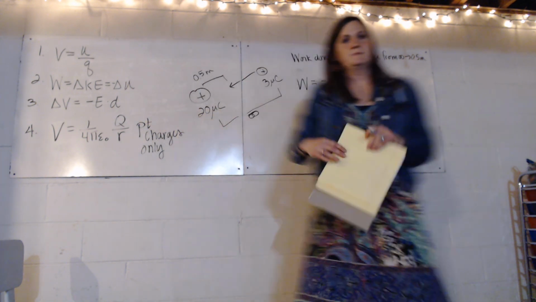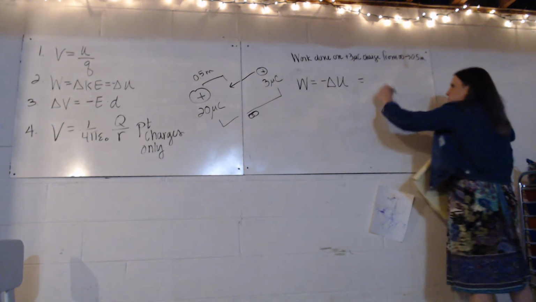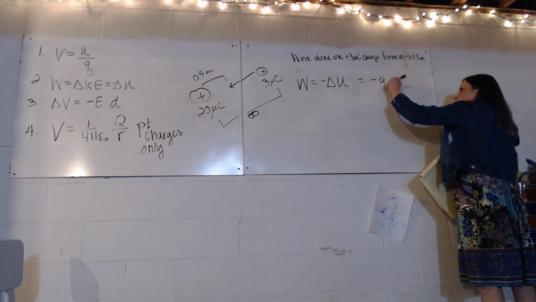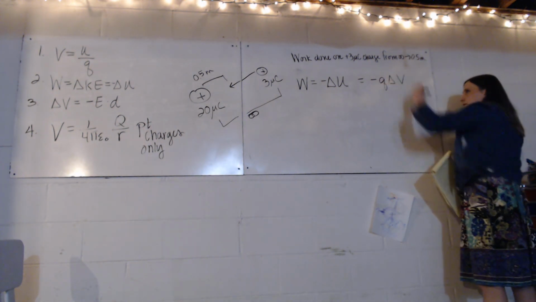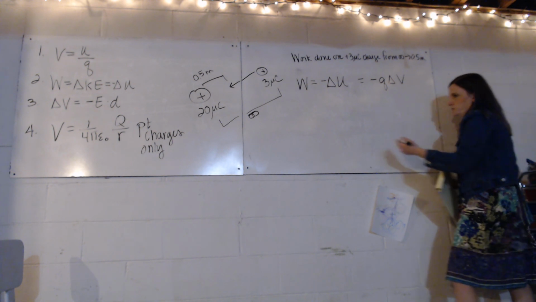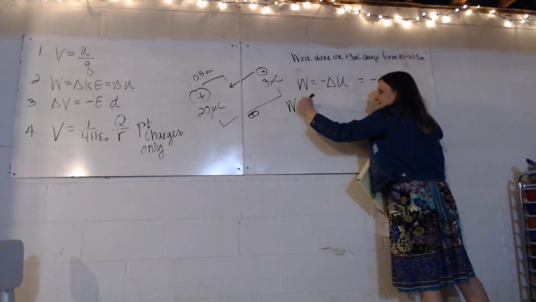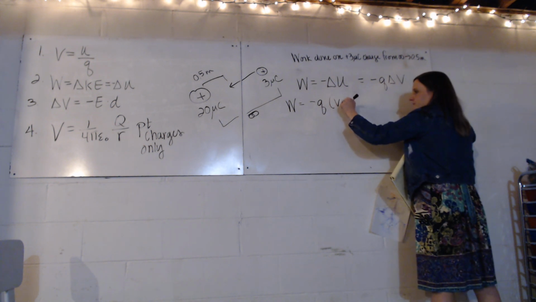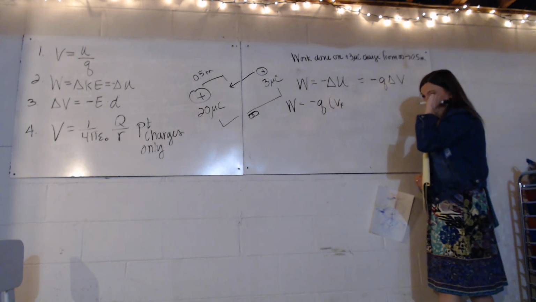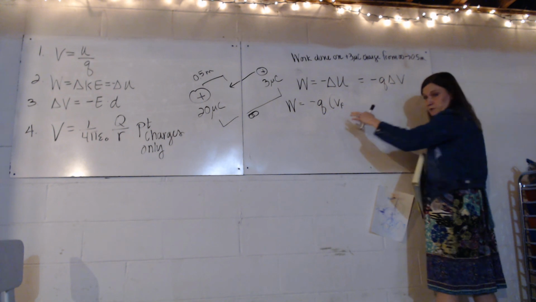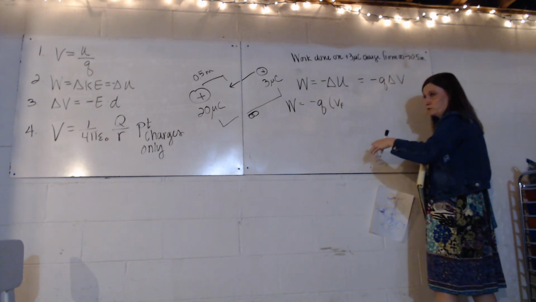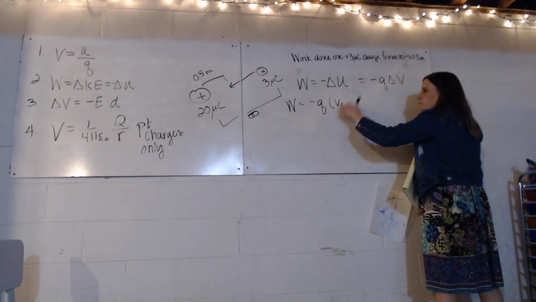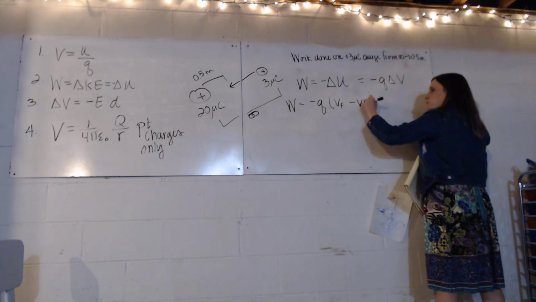So we can say work is equal to negative Q times delta V, which would be negative Q times the final voltage minus the initial voltage. Sorry, I have honors physics in my head.